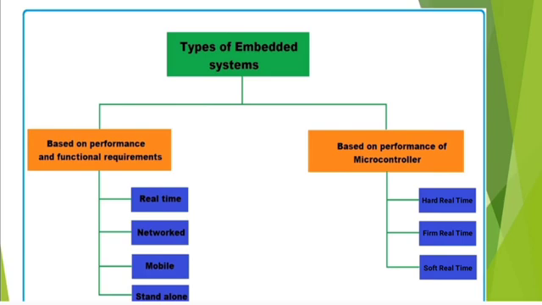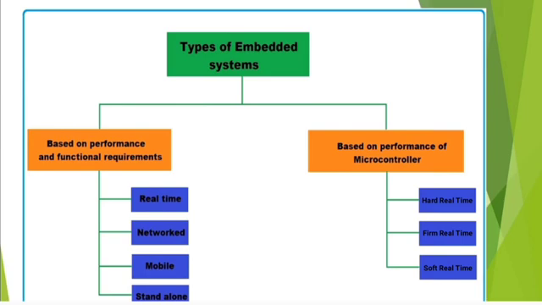Third, mobile embedded system. It is an embedded system which is movable from one place to another place. The common example is mobile phone.